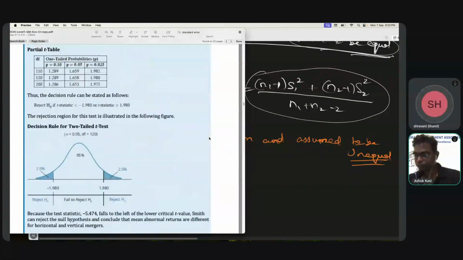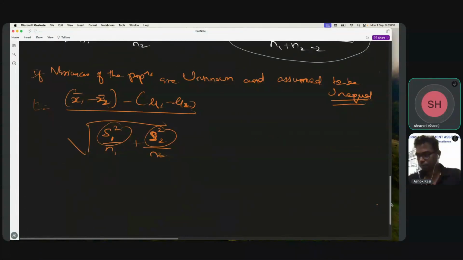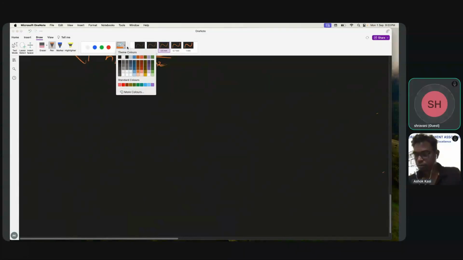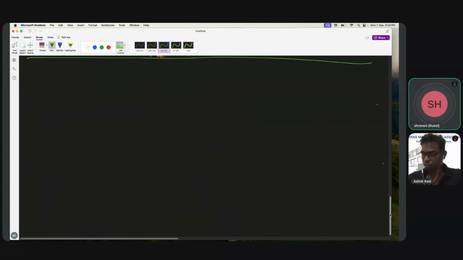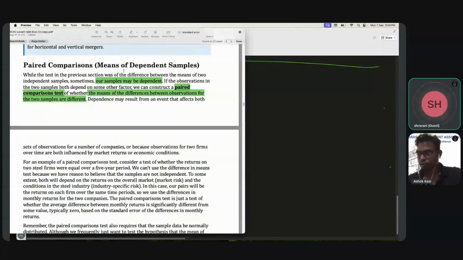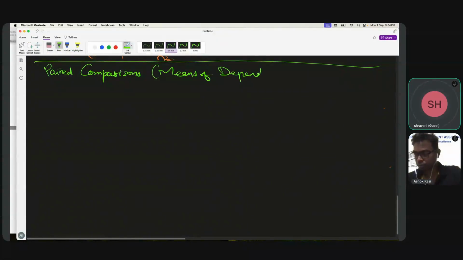Okay, the next one. Now paired comparison. Paired comparison means of dependent sample.